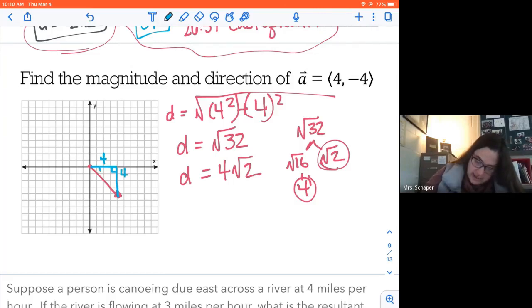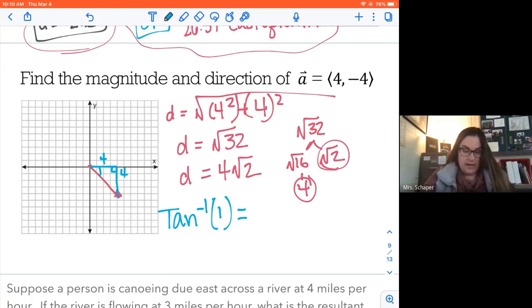So I'm going to use the inverse tangent of 4 over 4, which is 1, I guess. So it's a 45, 45, 90 triangle equals the measurement. So the inverse tangent of 1 is going to give me 45 degrees.